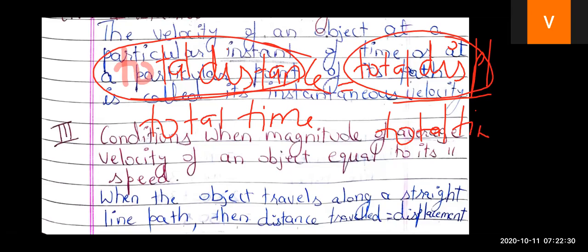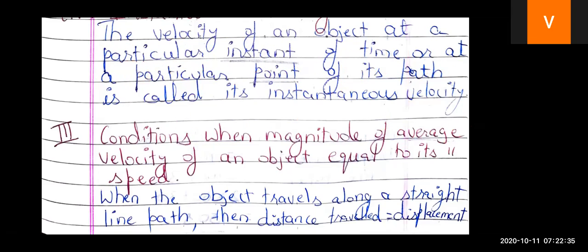So this is your answer to this question: when the object travels in a straight line path, meaning the direction is not changing, then the distance traveled is equal to displacement, and under such condition the average velocity of an object is equal to its average speed.